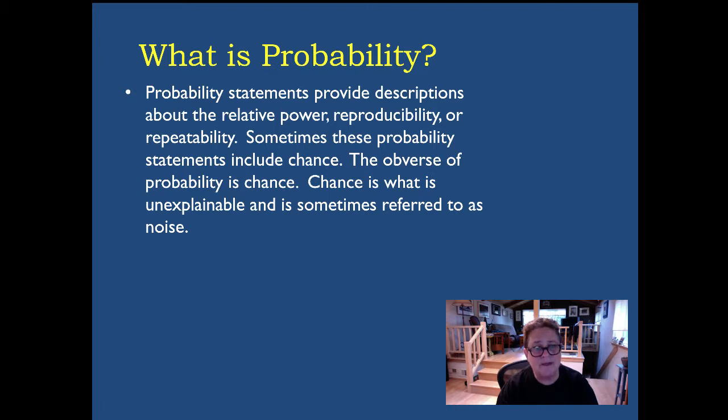Sometimes probability statements include chance, almost always include chance. The obverse of probability, of power, is chance. Chance is what is unexplainable and is sometimes referred to as noise. So I just wanted to give you an example of chance.